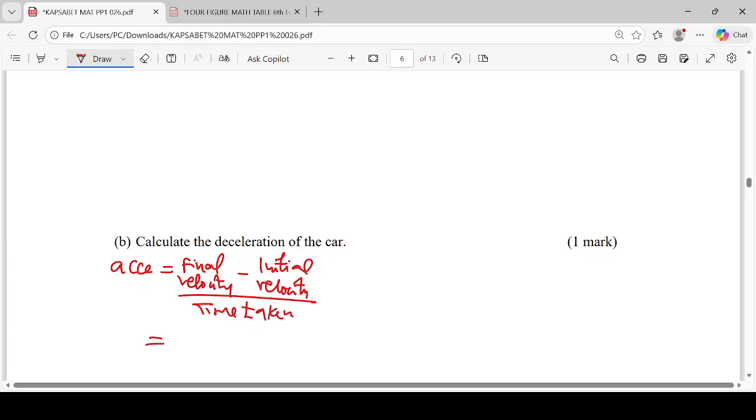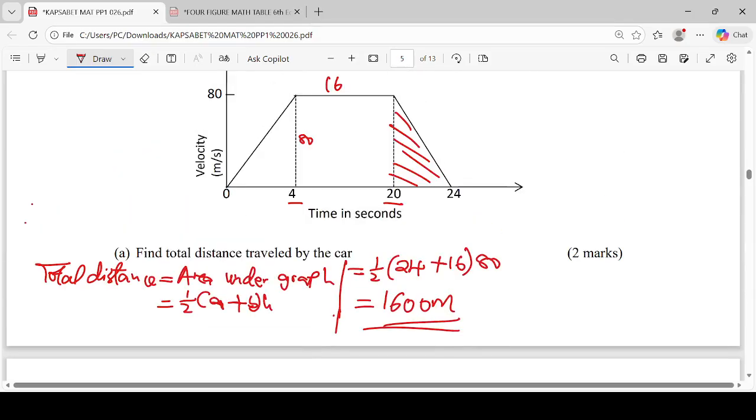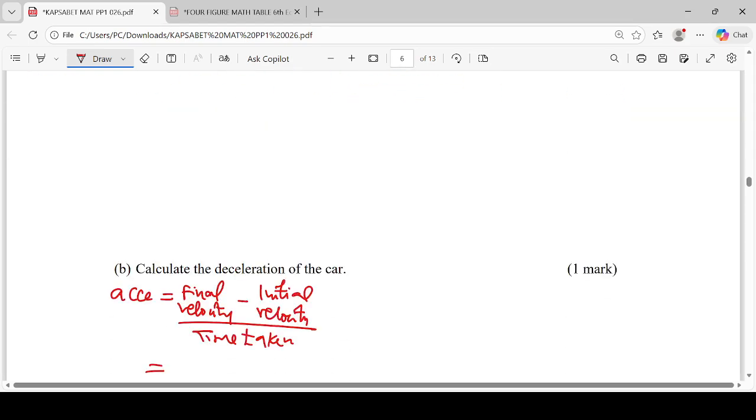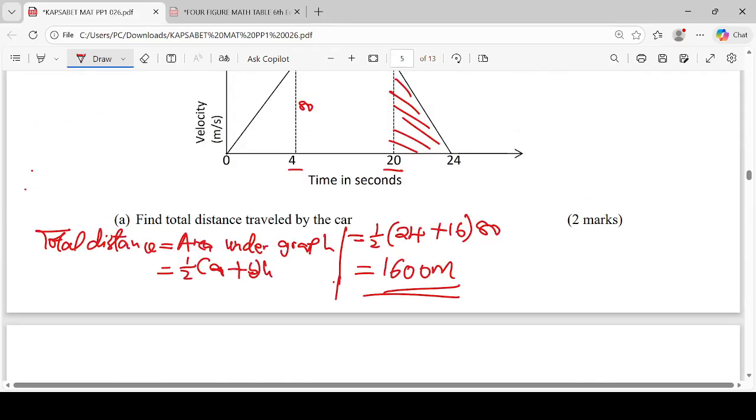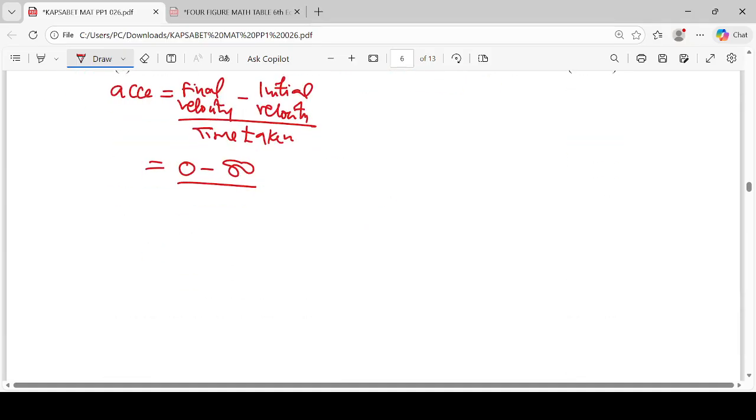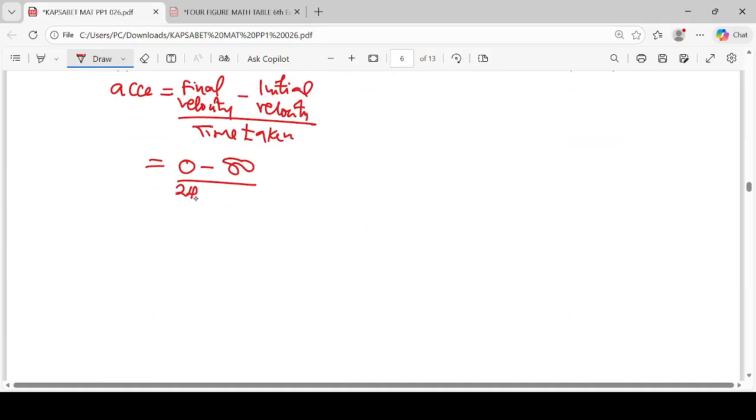So when you look at this, the car decelerated until it came to rest. That is the final velocity is 0. Initially here it was 80 then back to 0. So the final velocity is 0 minus the initial velocity of 80 divided by the time taken from 20 to 24. This is 4 seconds, 24 minus 20. So this is negative 80 divided by 4.